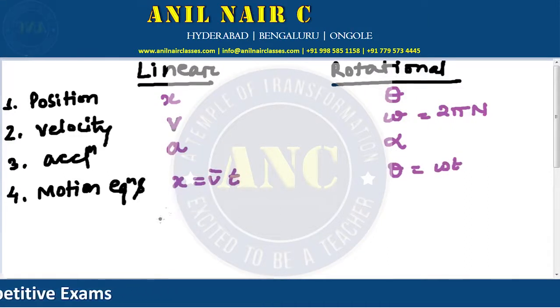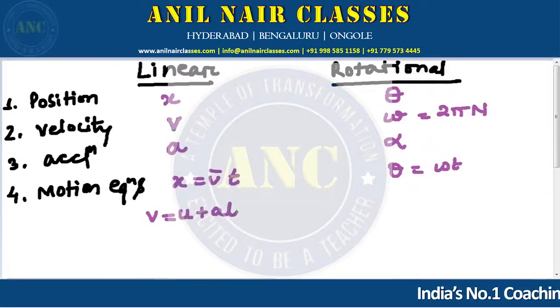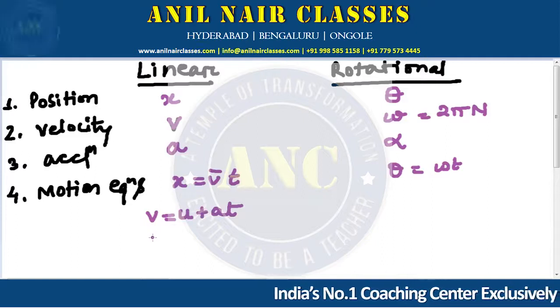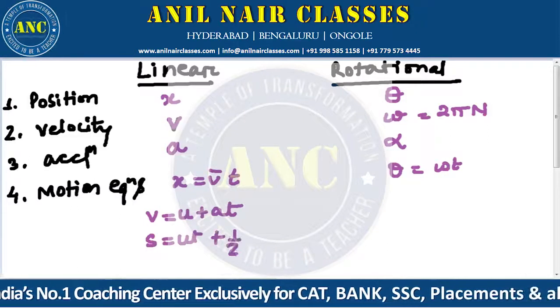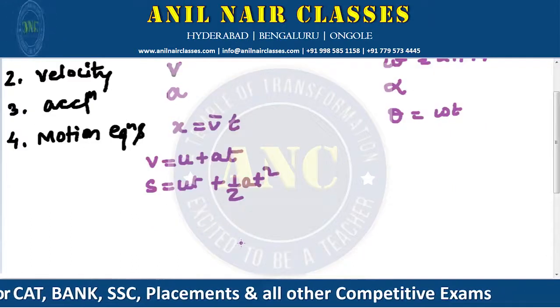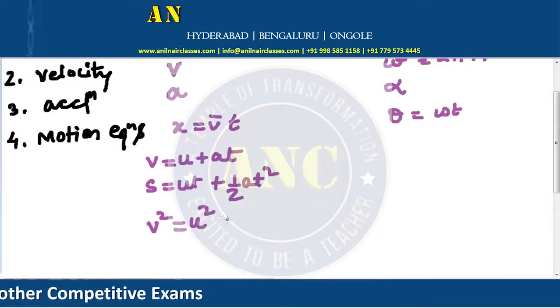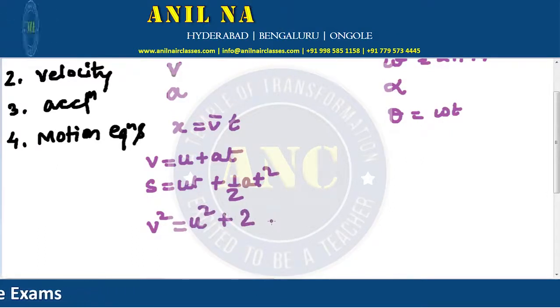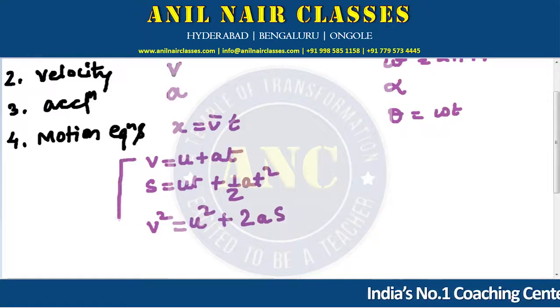So from here we can derive three equations: v is equal to u plus at, then s is equal to ut plus half at square, and v square is equal to u square plus 2as. Correct?